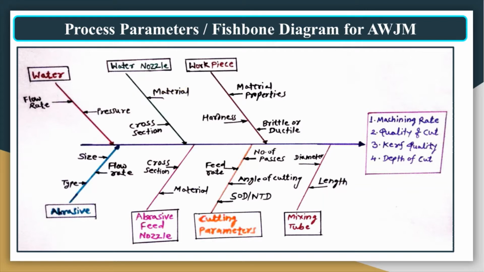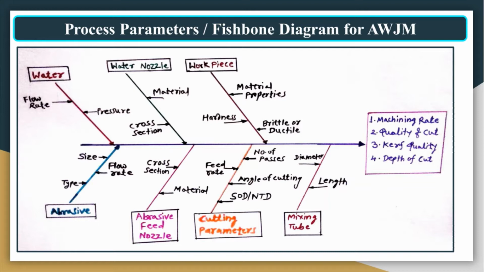The material of the water nozzle is important, as we have seen already, and the cross section of the water nozzle is also an important parameter. It can have a circular cross section or a rectangular cross section. Then the hardness of the material is a very important parameter. Other material properties are also equally important.